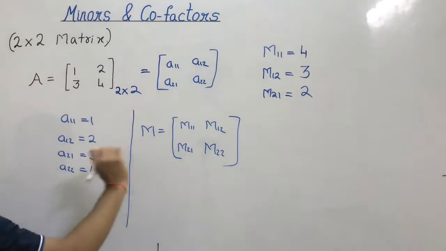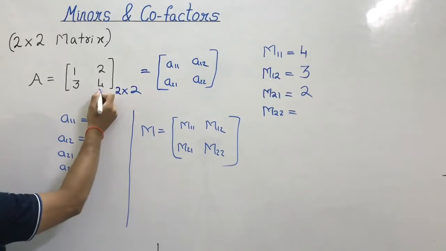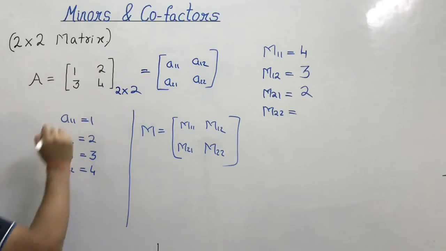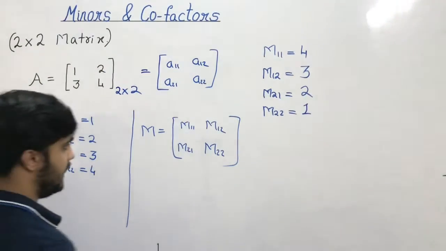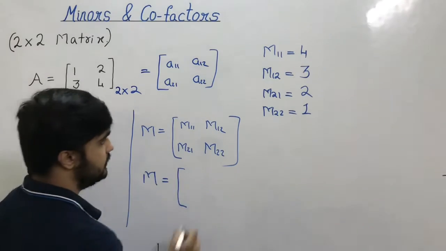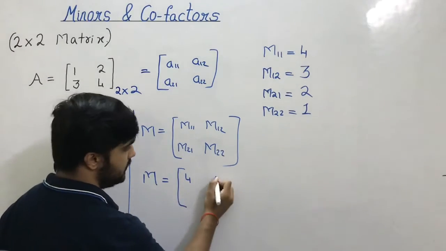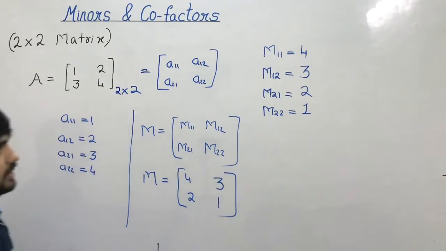And our last element is M22, which is at this position. Neglect this row and this column. What is left is 1. So we can say the matrix of minors is equal to 4, 3, 2 and 1. So these are the minors of the given elements.